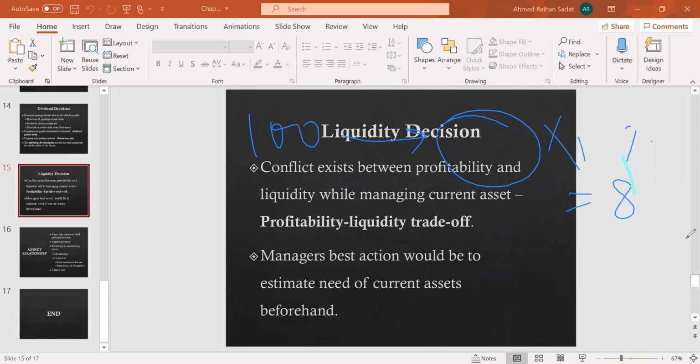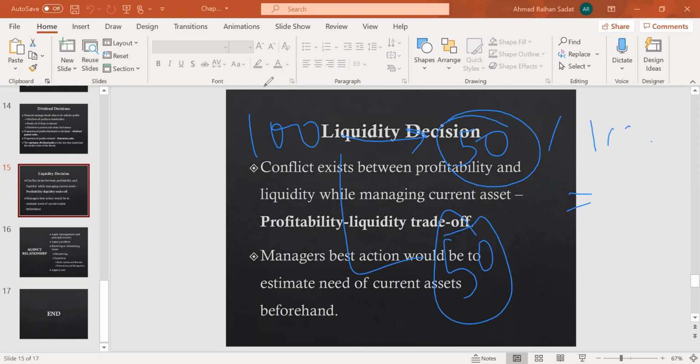Now, what can happen if you plan to invest 50 and keep the other 50 as a bank balance? On 50, you'll earn 5 taka. So you see, in the first case you were earning 8 taka, now you're earning 5 taka. In exchange for what? In exchange for liquidity.